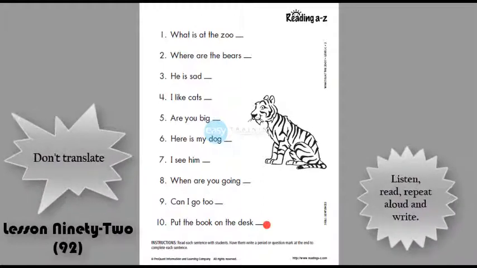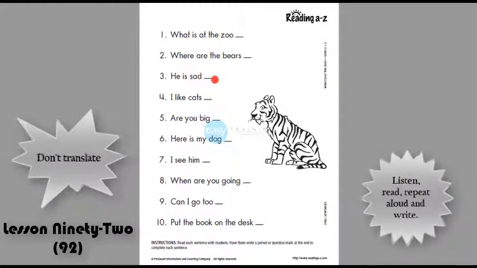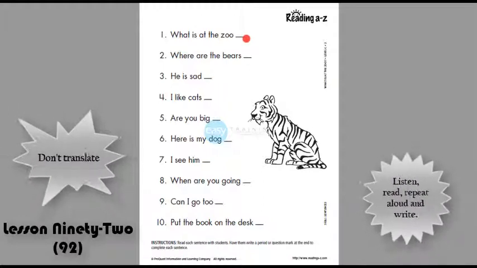But the sentences are not complete. At the end, there is a blank, and you and I should complete the sentences by adding either a period or a question mark at the end. A period or a question mark.